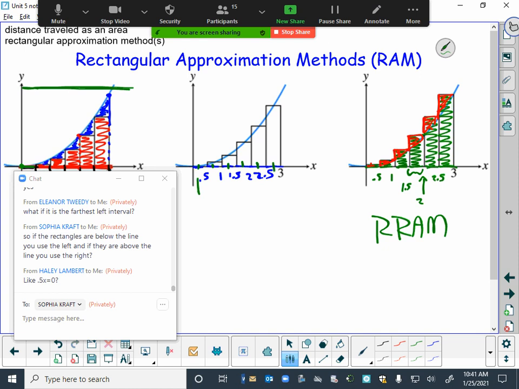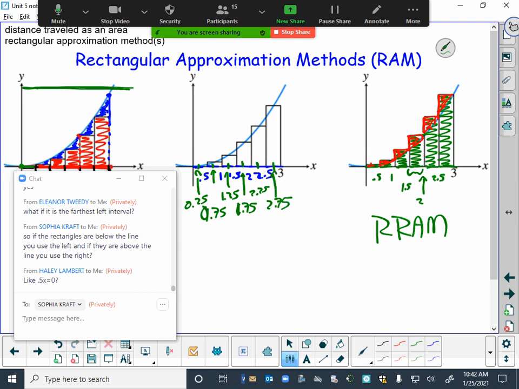So let me pick 0.25 and 1.75 and 1.25, right, and 0.25, 0.75, 1.25, 1.75 in there, and then I've got a 2.25 and a 2.75.